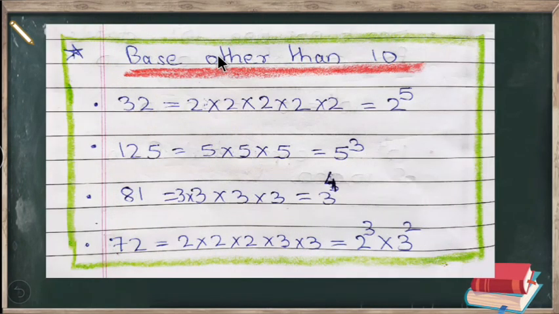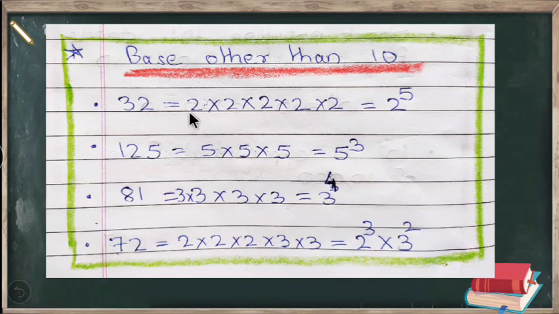It is not compulsory that every time we have to write a number in exponential form with the base 10. The base can be different from 10 as well. Example, 32. When we write the prime factors of 32, we get 32 as a product of 2 into 2 into 2 into 2 into 2.